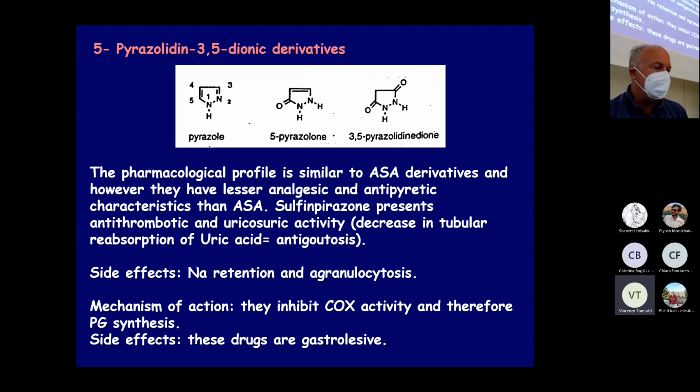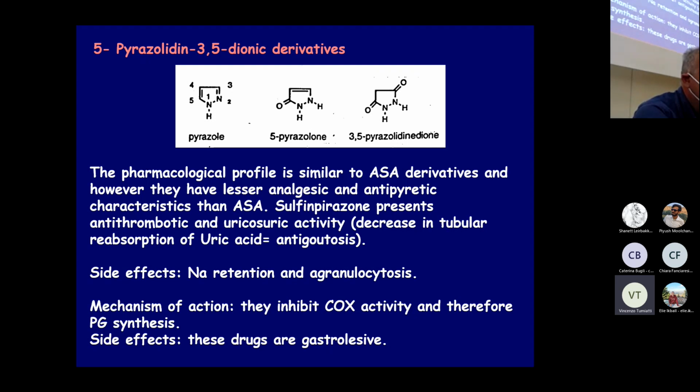Uric acid inside the body can cause a strong inflammation of the toes, because uric acid crystallizes in the body and gravity attracts these crystals into the toes, so we have a strong inflammation of the toes.